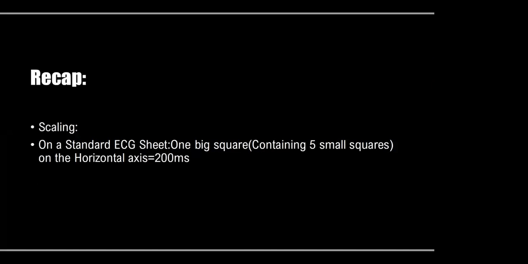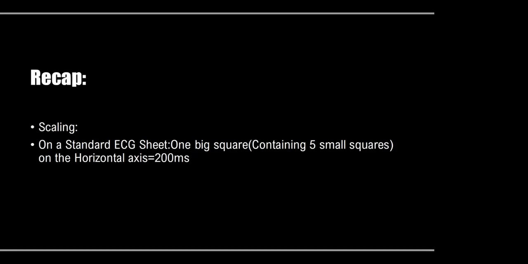Right. It's also important to know the scaling. I believe you also discussed that last time: if you have a standardized ECG paper, one big box that contains 5 small squares on the horizontal axis, which some people call the x-axis, equates to 200 milliseconds.